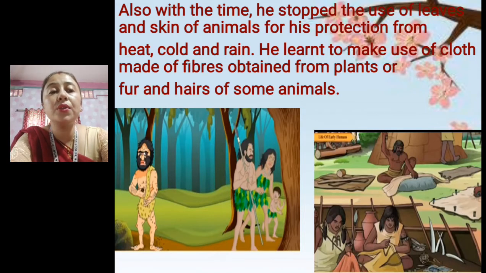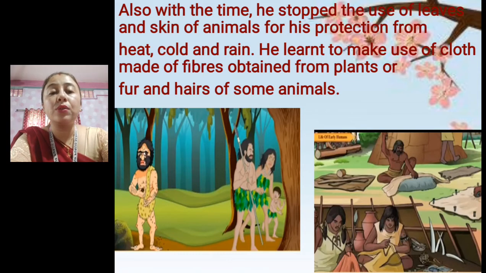So they used to wear the skin of animals and leaves in order to protect themselves from heat, cold and rain. But he learned to make use of cloth made of fibers obtained from plants or fur and hairs of animals. So slowly they started making clothes.